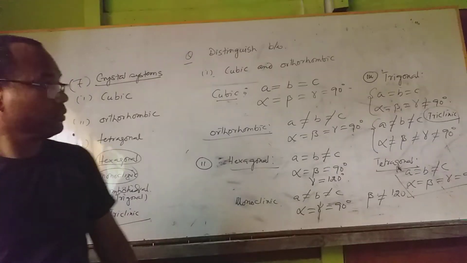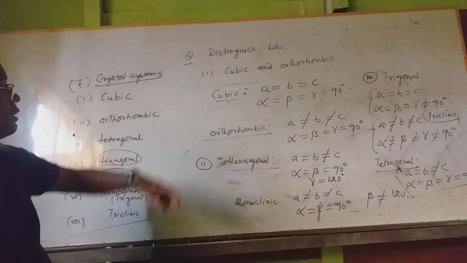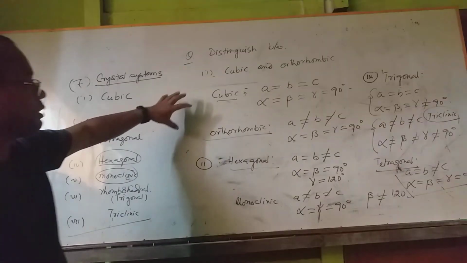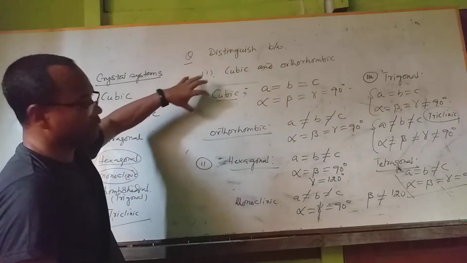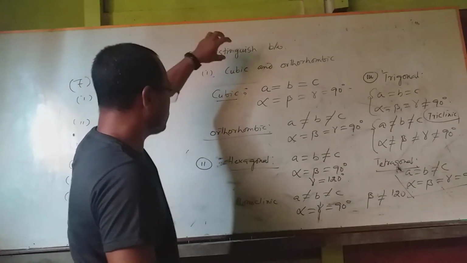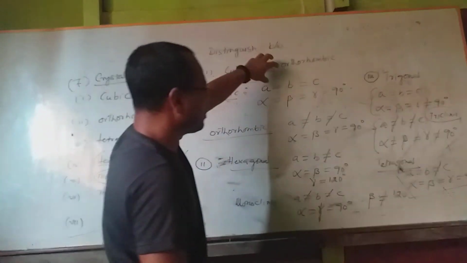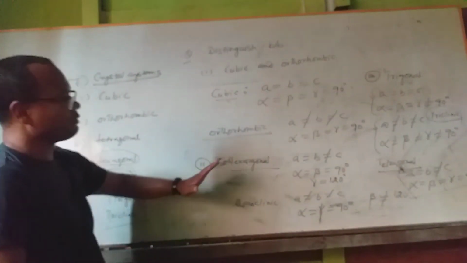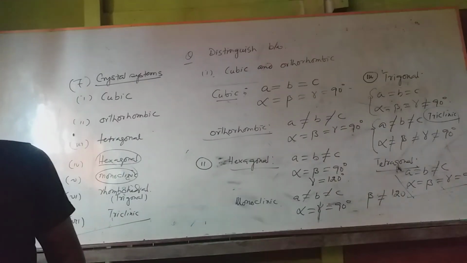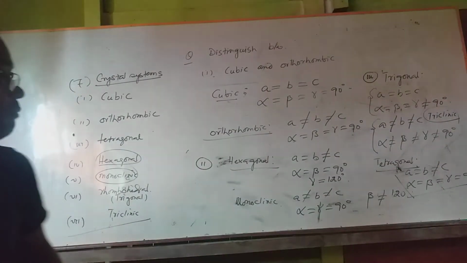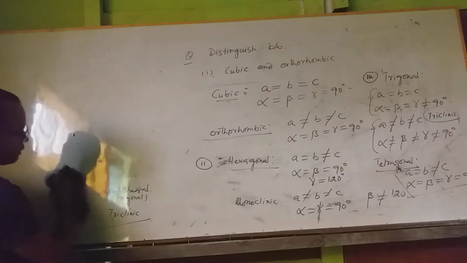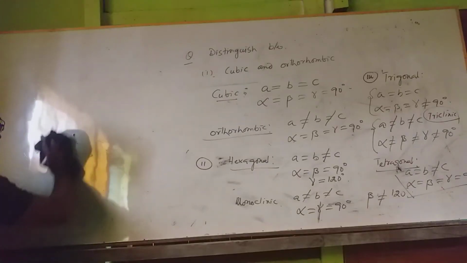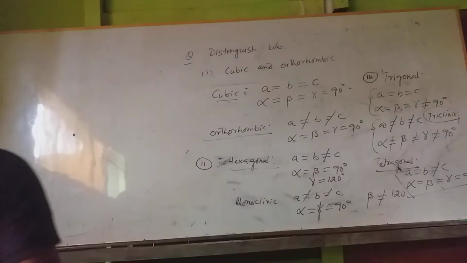Now the question is, in your examination they may ask you to distinguish between any of them. We can compare, might be cubic and hexagonal, orthorhombic with the others. So how can we find it? This is the simple way we can very easily find out. Based on this, I write a simple question which can come in our competitive examination.